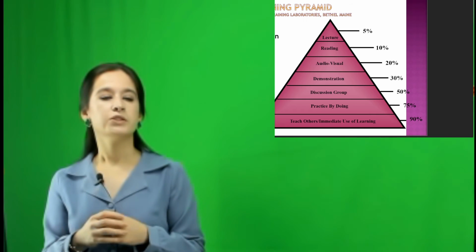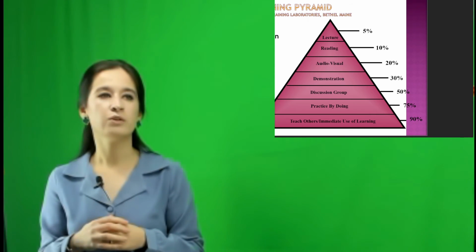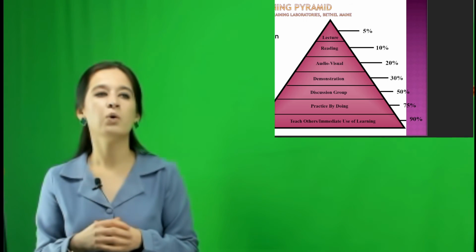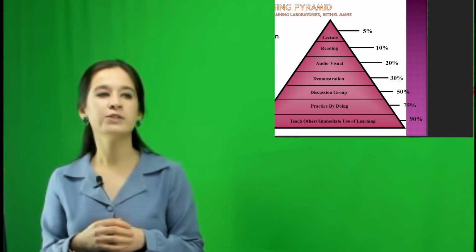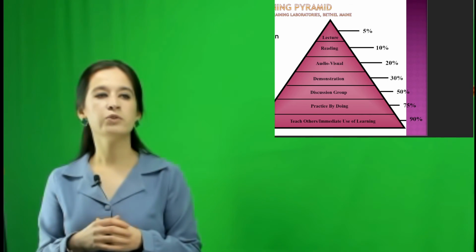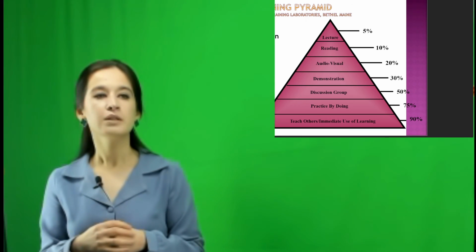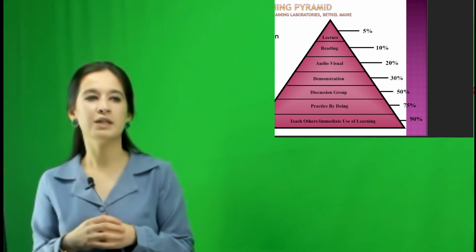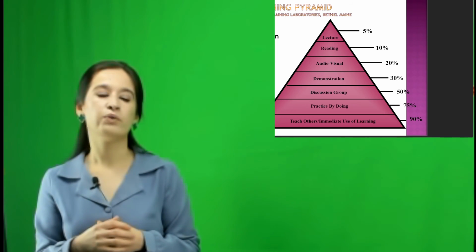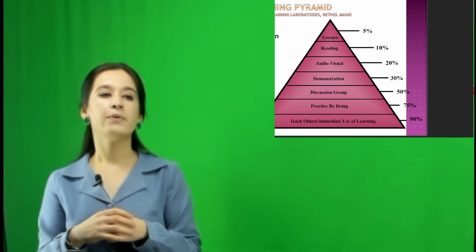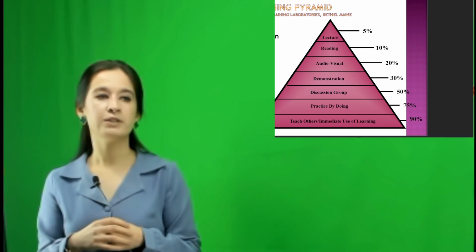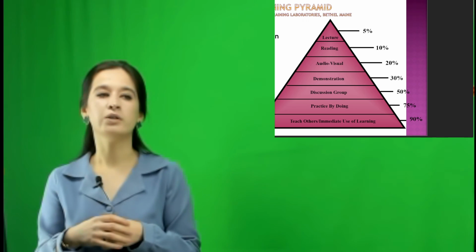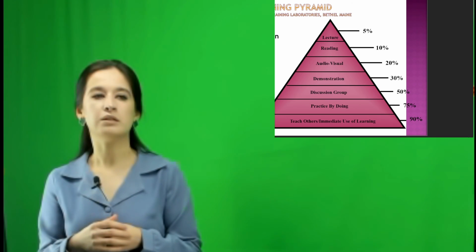According to him, students can get 5% of knowledge from lectures, and 10% of acquired knowledge goes to reading, and 20% of it comes from audiovisual, and 30% of effectiveness comes from demonstration, and 50% of productivity comes from discussion groups, and 75% of productivity of acquired knowledge comes from practicing by doing, and 90% of productivity can be acquired when students teach what they learned from the teacher or from some sources.